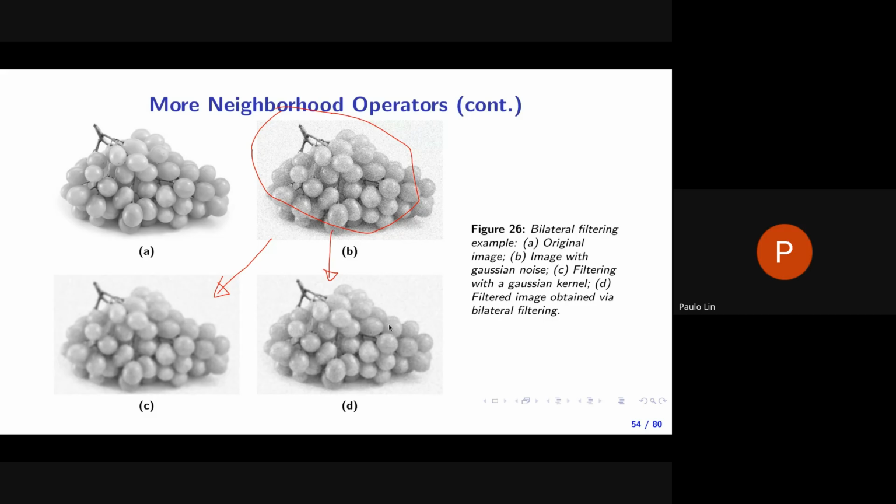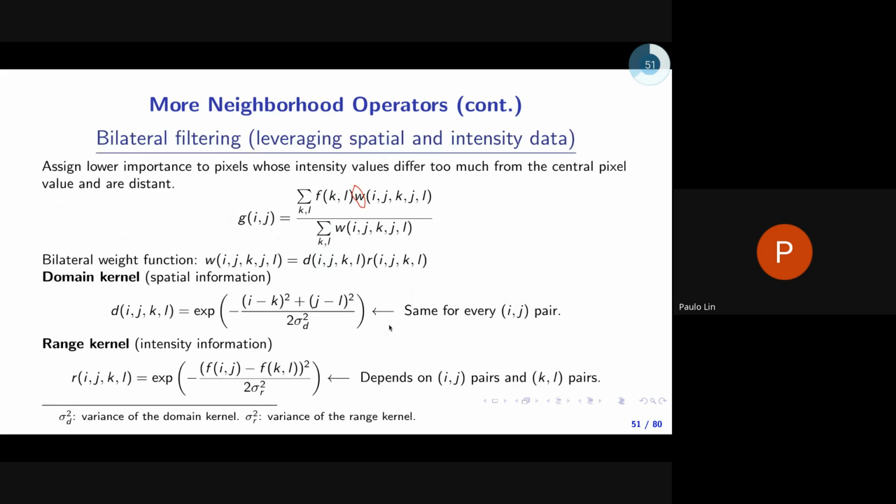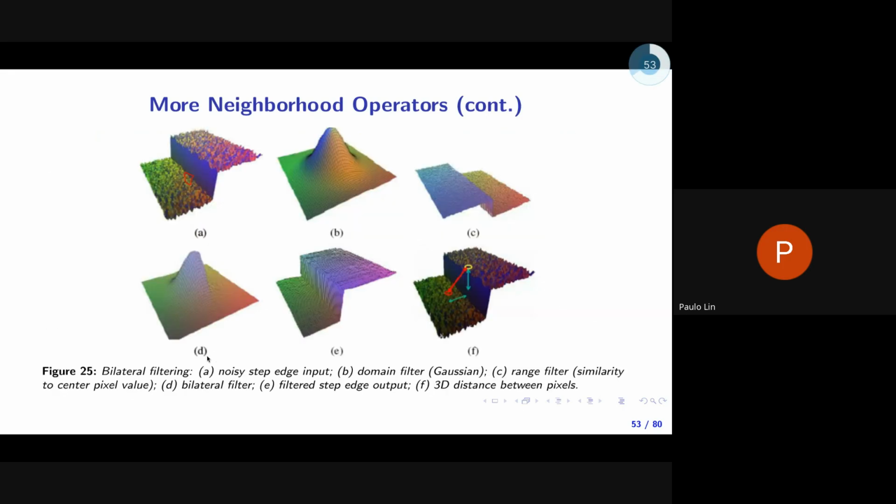However, it is worth mentioning that different from the other filters, bilateral filtering is more computationally expensive because we have to compute a range kernel for each pixel, which is this one. We have to compute this kernel for each pixel, which is more computationally expensive.